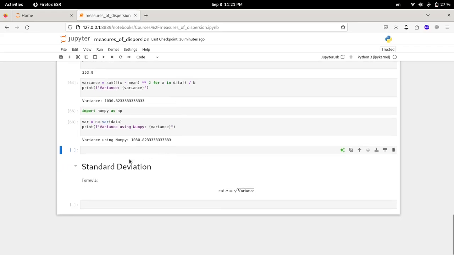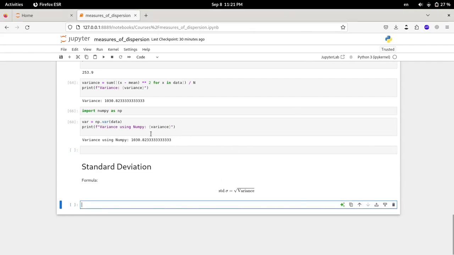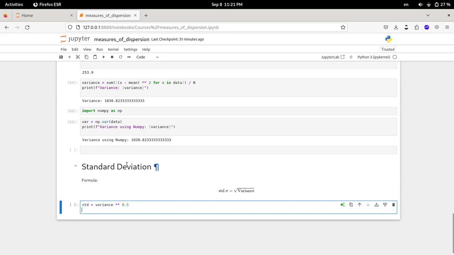Okay, now we will calculate our standard deviation. So standard deviation is nothing but the square root of variance. So std will be our variance, raised to the power of 0.5.